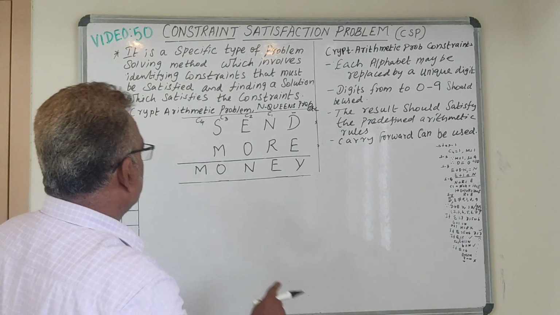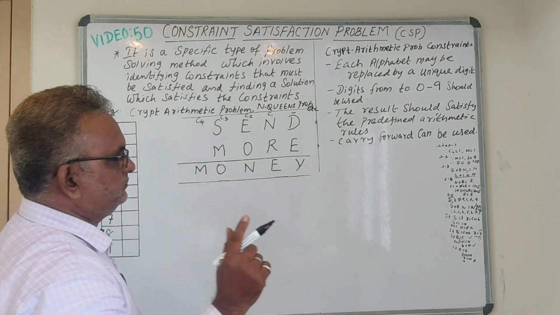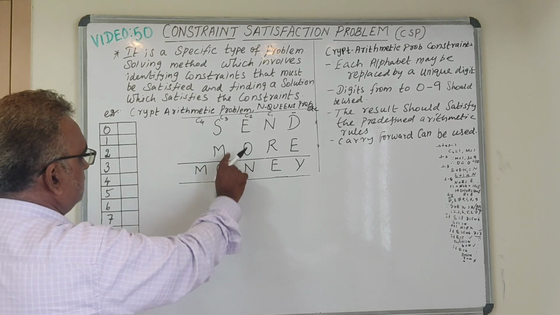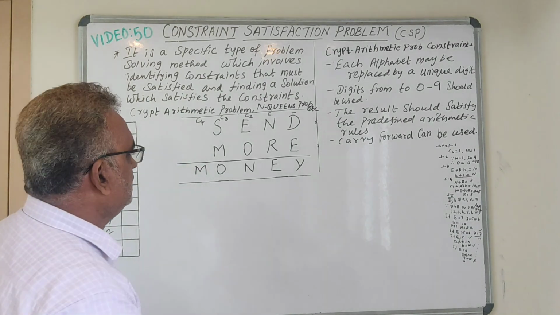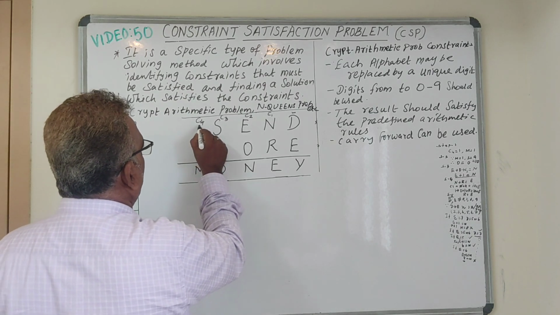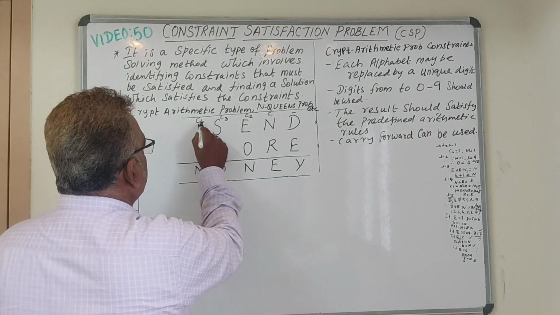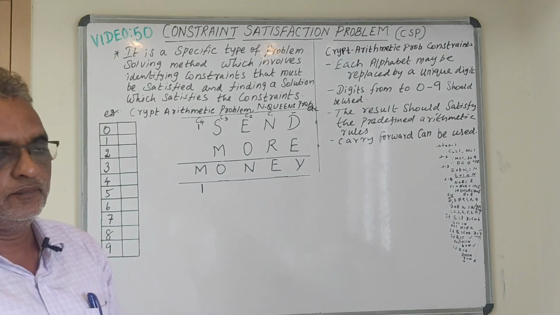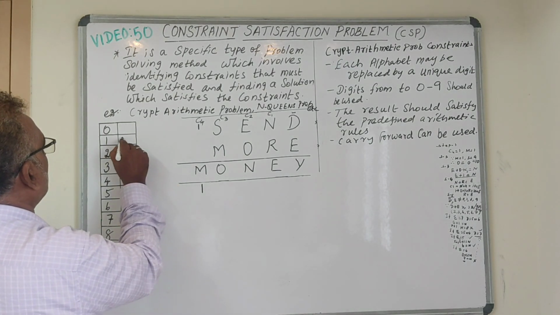So in this case, if you assign a maximum value for S, that is 9, and another maximum value for M, that is 8, and you add these two, 9 plus 8, you will definitely get a carry. So C4 will get a carry of 1, which cannot exceed 1. So if C4 is 1, the value of M is 1. Now we can record this value here, that is M is equal to 1.